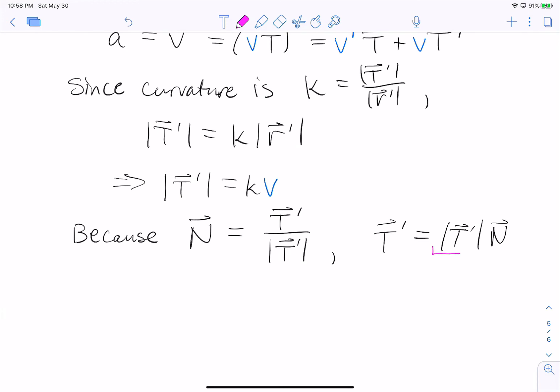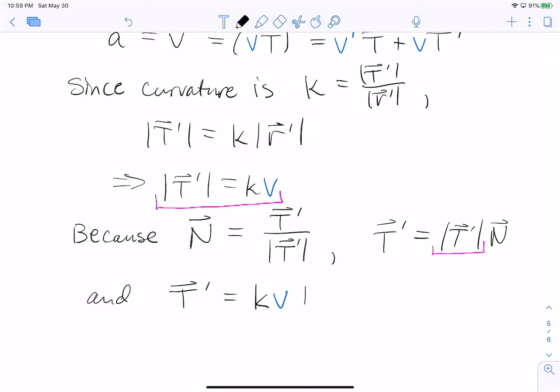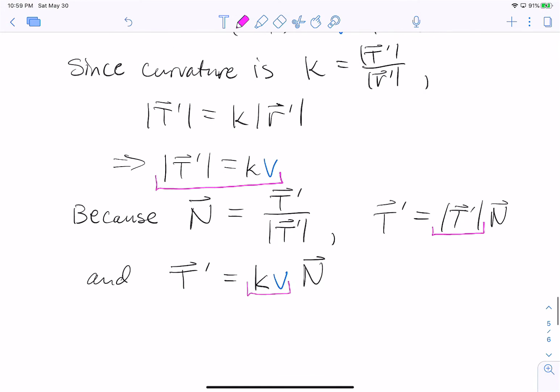T prime is the magnitude of T prime times N, but the magnitude of T prime can be replaced by kappa times v. And we have that T prime can then be written as kappa times v times the unit normal vector N, where we've simply replaced the magnitude of T prime by kappa times v.